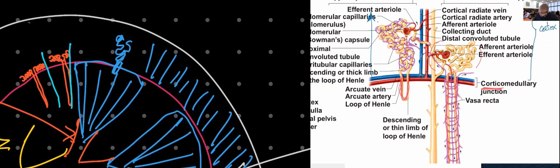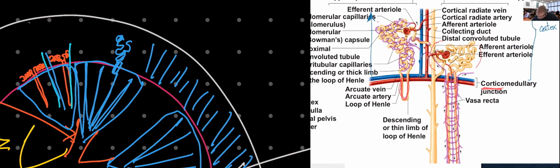So the pyramid itself is formed of those ducts, long loops of Henle of the juxtamedullary nephrons, and the collecting ducts collecting the urine down from multiple nephrons. And those are the lines we're drawing on here.